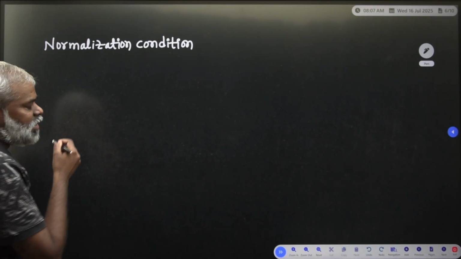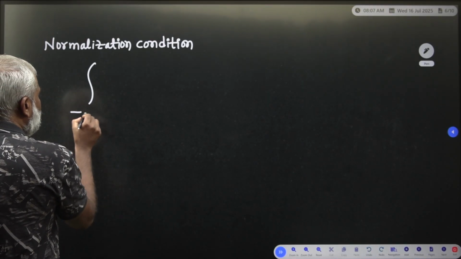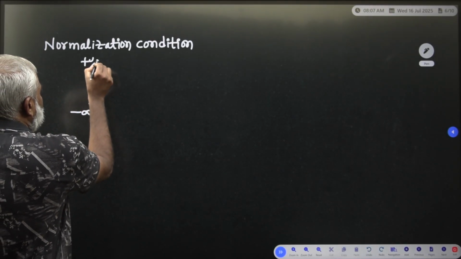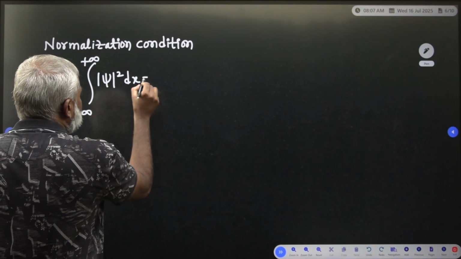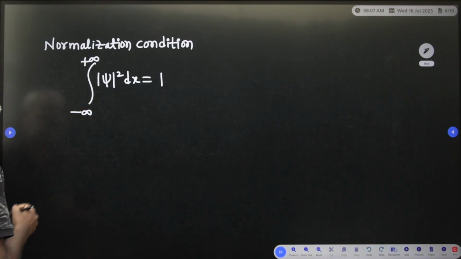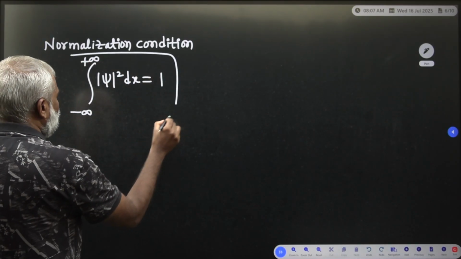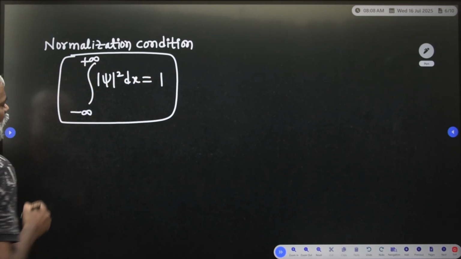The normalization condition is the integral from minus infinity to plus infinity of modulus of psi whole square into dx is equal to 1. This is the formula for the normalization condition.